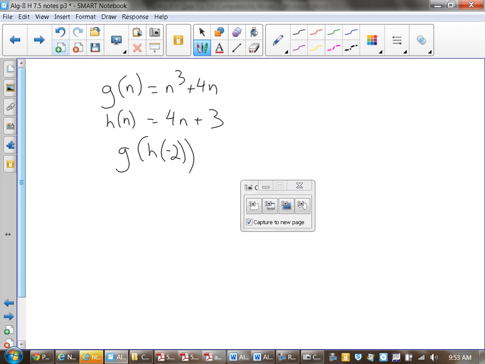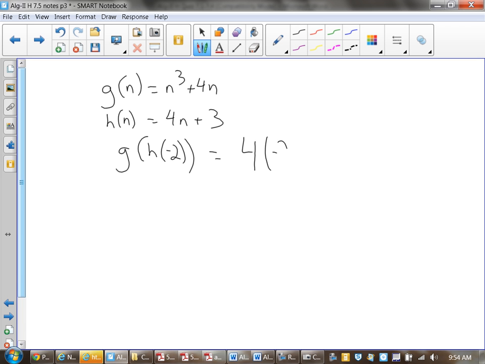In this case, with the function notation, it's telling me to start with the innermost problem, which is h of -2. After I find a result for that, I'll take that value and substitute it into the g equation. So when I substitute -2 into this, I get 4 times -2 plus 3, which gives me -5.